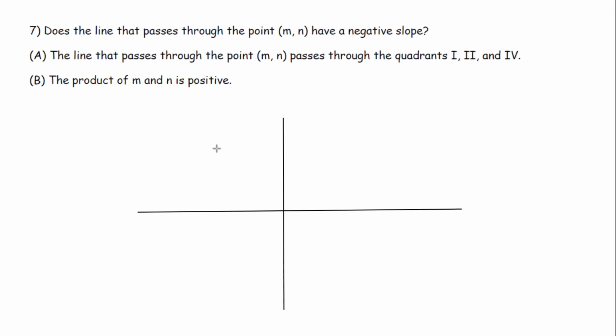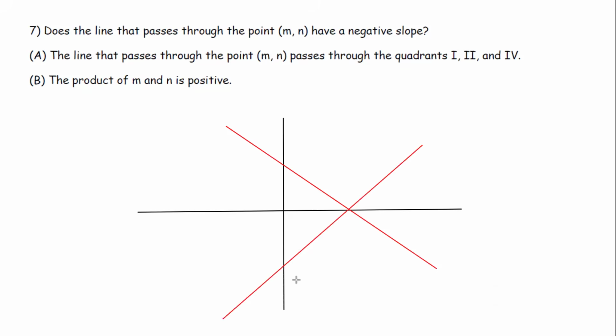The line passing through the points M and N passes through quadrants 1, 2, and 4, but not 3. So clearly the line is this one, passing through 1, 2, and 4, not passing through 3.